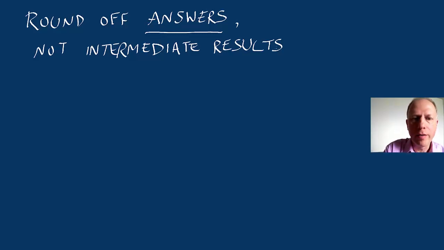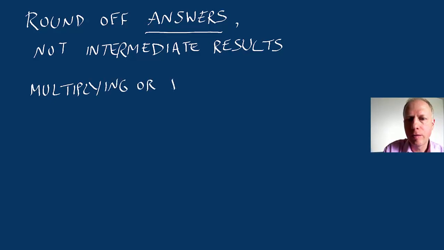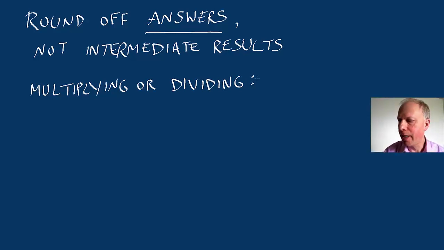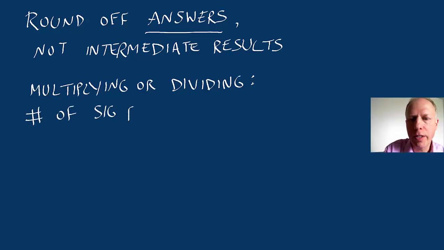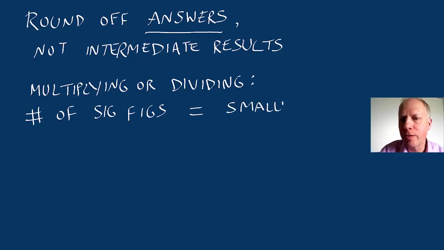So if you're doing multiplication or division, the right way to determine the number of sig figs that your answer should have is the number of sig figs should equal the smallest number of sig figs among the input values.